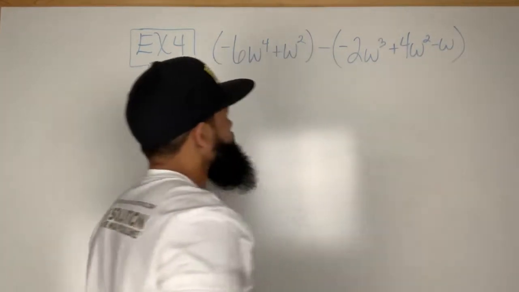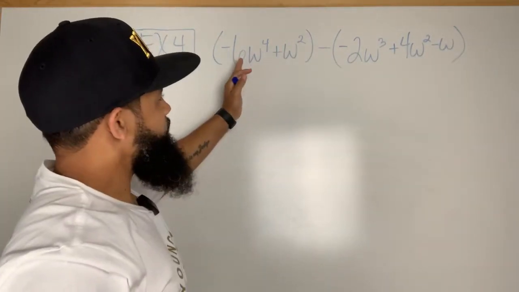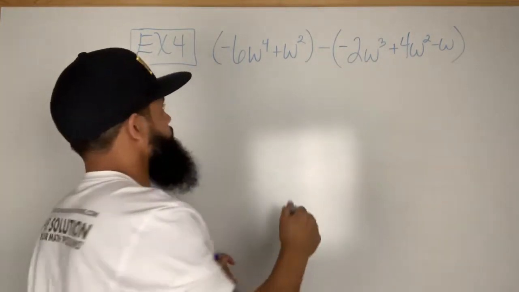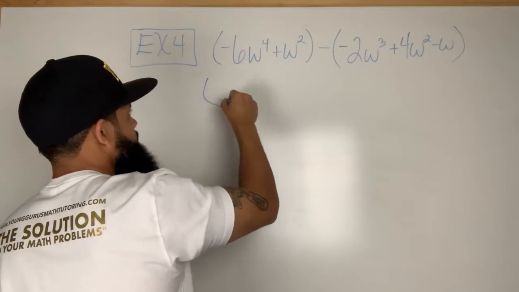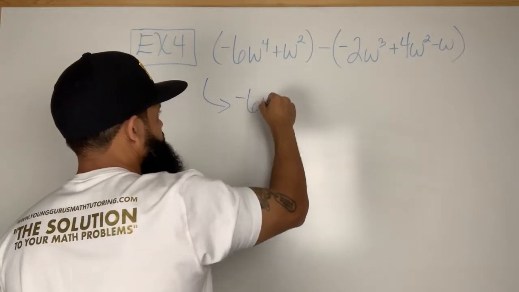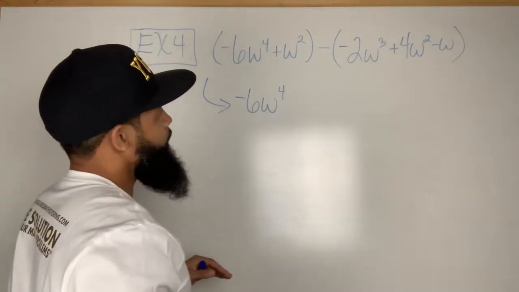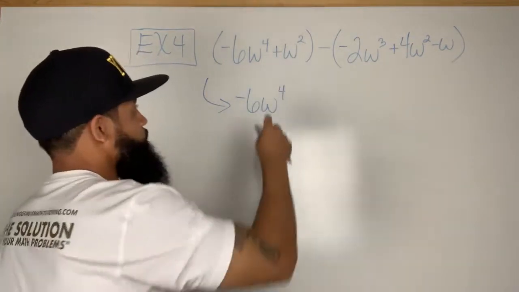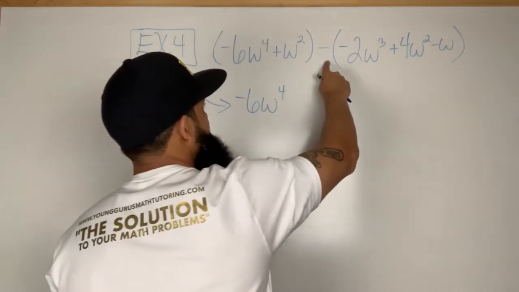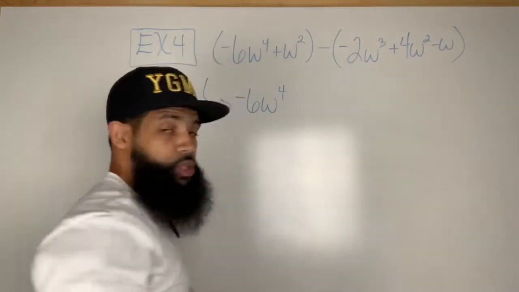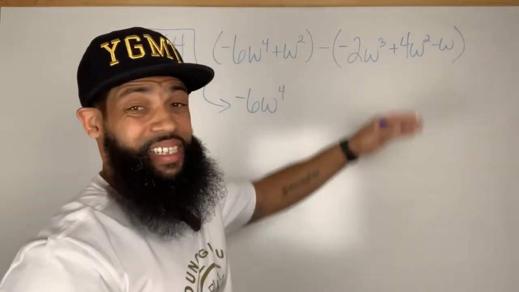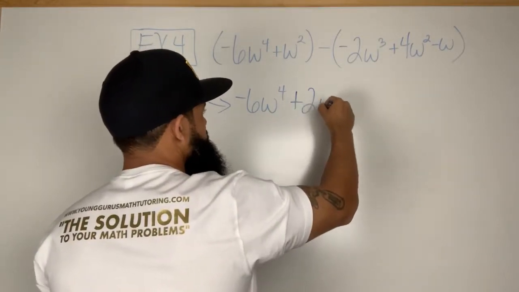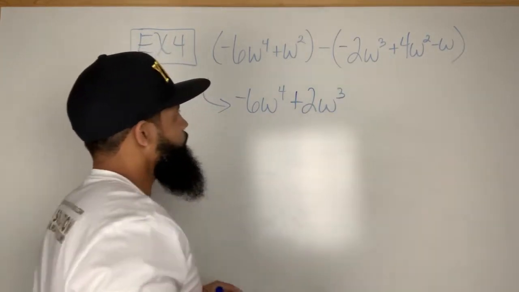All right, so negative 6w to the 4th, there's no w to the 4th term over there. So I can actually just bring down this negative 6w to the 4th. There's no w to the 3rd power here. So it's just like saying 0 minus negative w to the 3rd. So if I have 0 minus a negative, whenever we subtract a negative, I have plus 2w to the 3rd power.